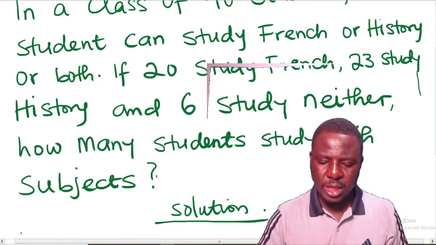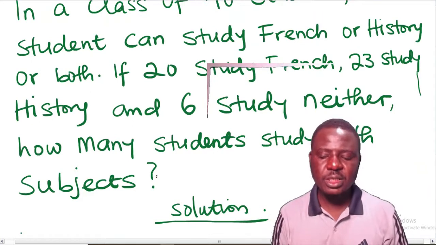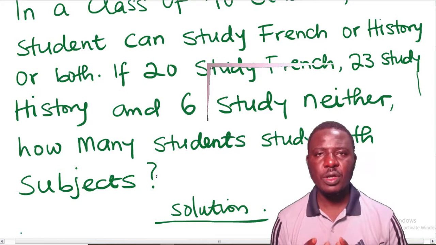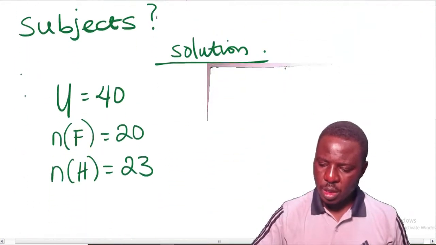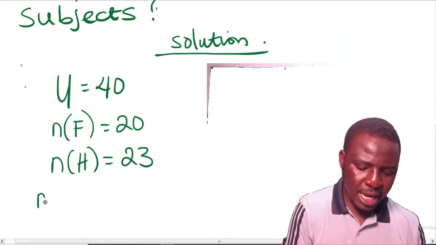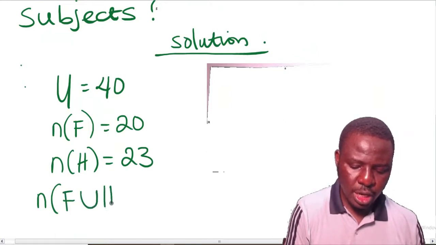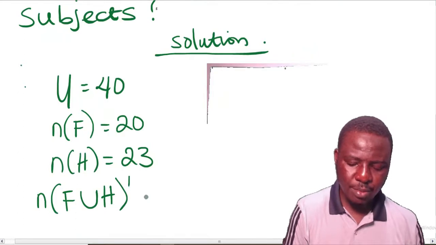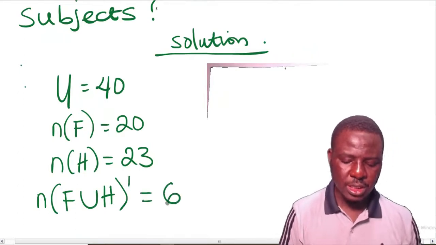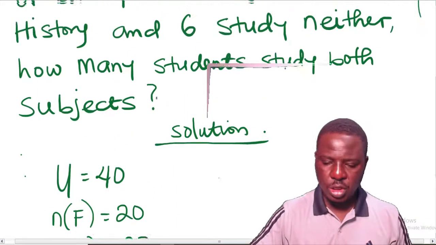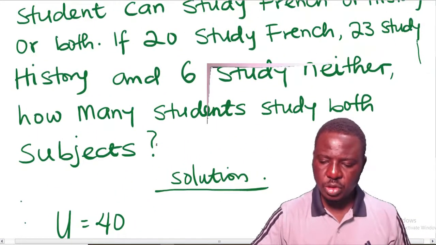And 6 study neither, meaning 6 students study neither French nor history. So that becomes n of (F union H) prime is equal to 6, meaning 6 students did not study French nor history.